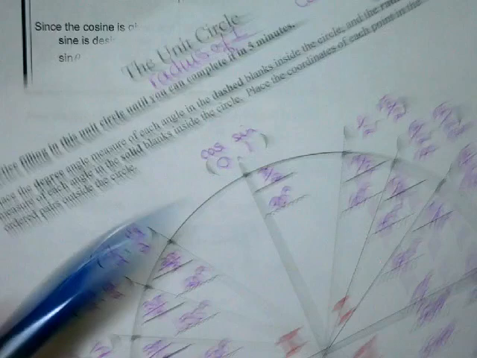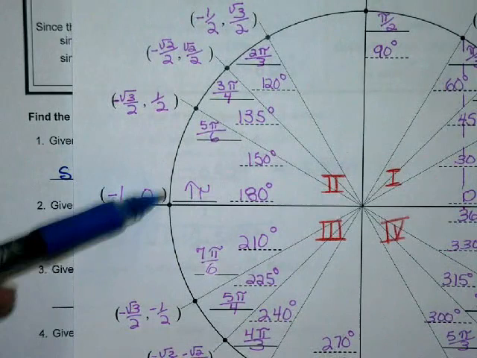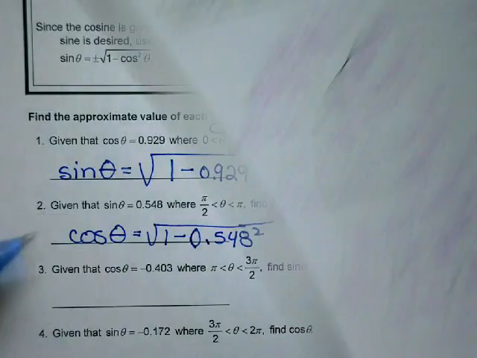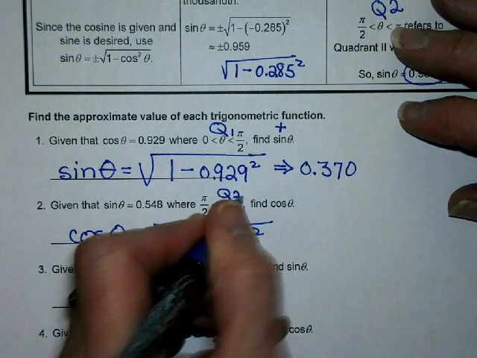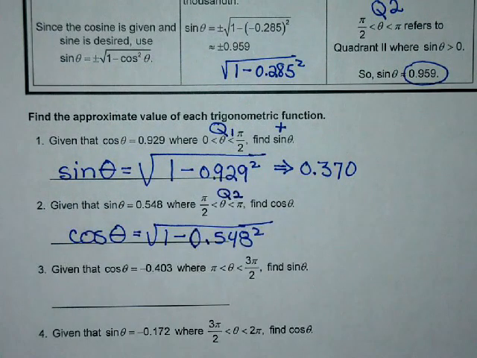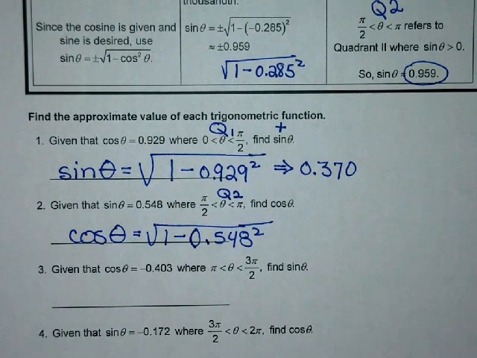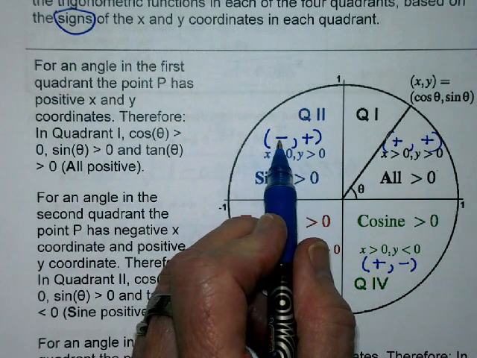Where's my unit circle? There it is. Pi over 2 is at the top right here. And then go into pi right here. So I'm in the second quadrant. Quadrant 2. And then pretty soon you do this enough, you won't have to look all the time.